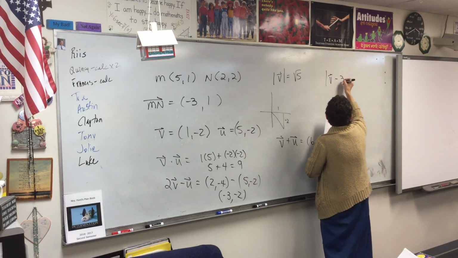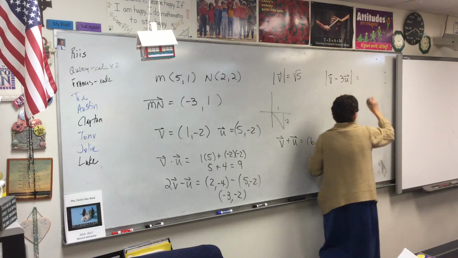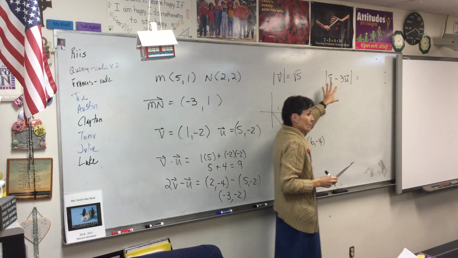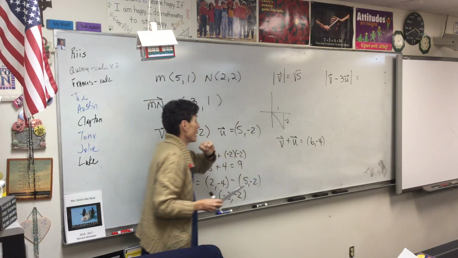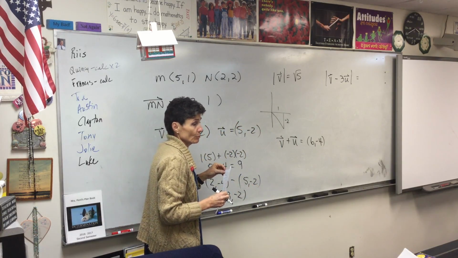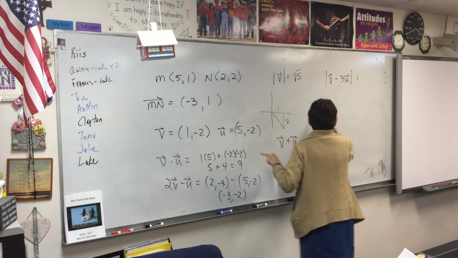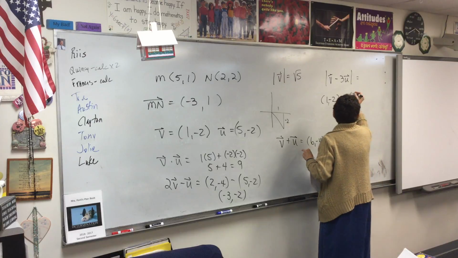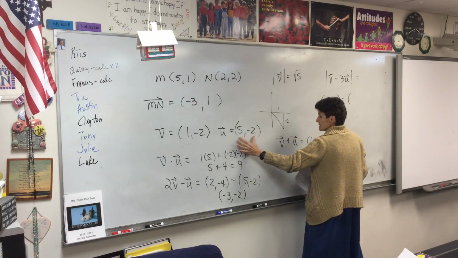Now, there's a lot going on in E. Do the inside first. Figure out the inside first. So V minus 3U. All right, so V minus 3 of these.